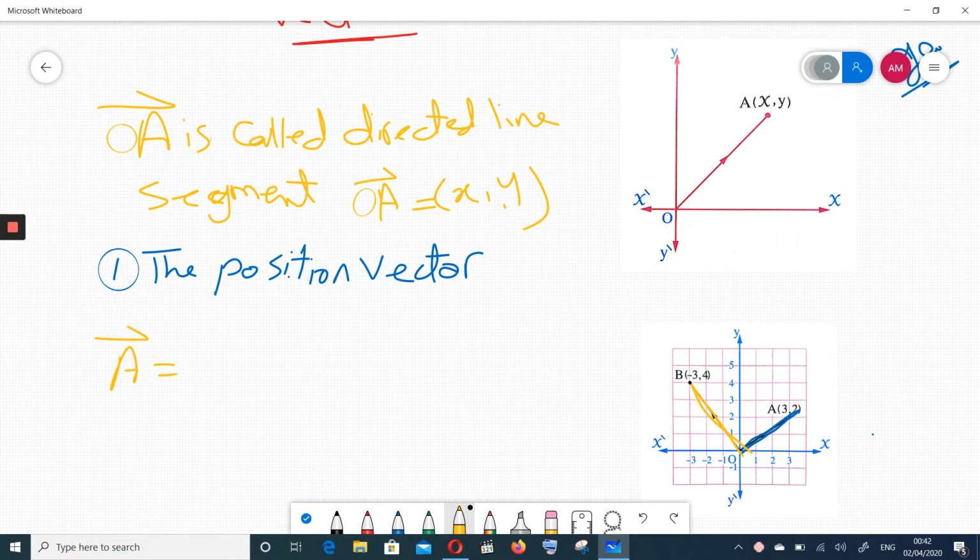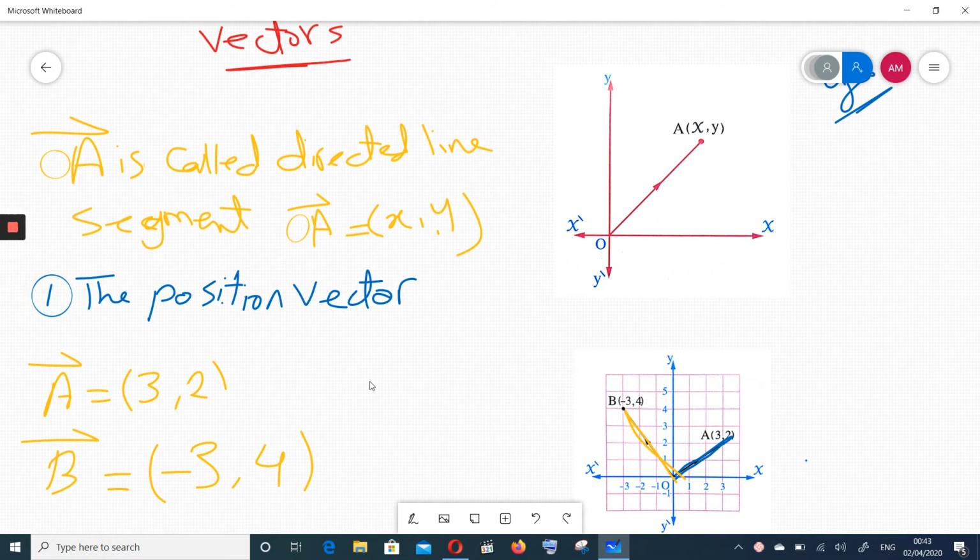Vector A equals (3, 2), and vector B, with this symbol, is going to be (-3, 4).